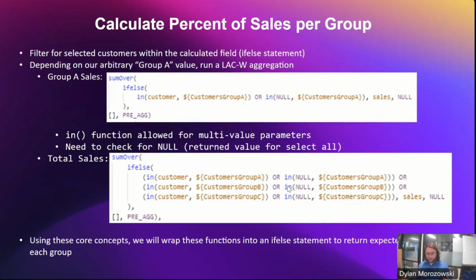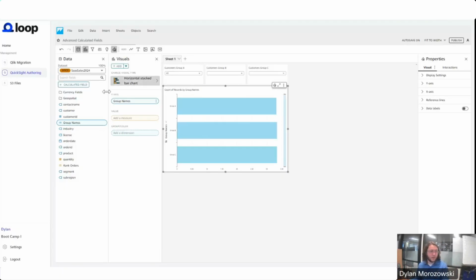I wanted you to see this split up because when we get it all together in a single calculated field, it's going to look a little daunting. But this is strictly what we're doing. If we have the group A value returned from our group name function, I'm going to return sum over of customers in group A divided by sum over customers selected in any group. So with these core concepts, we should be able to make our percent.